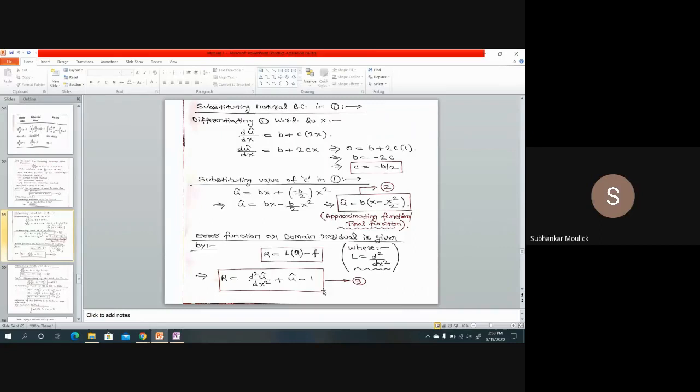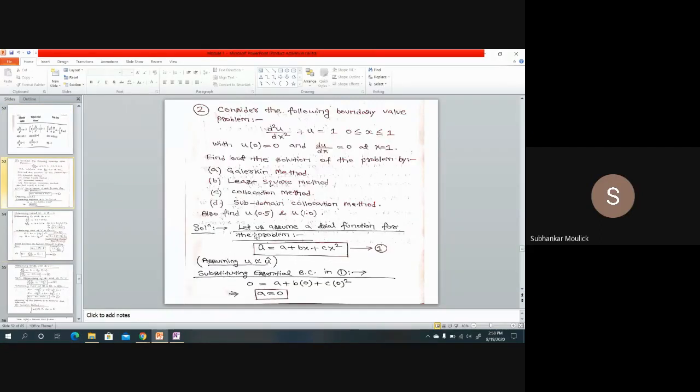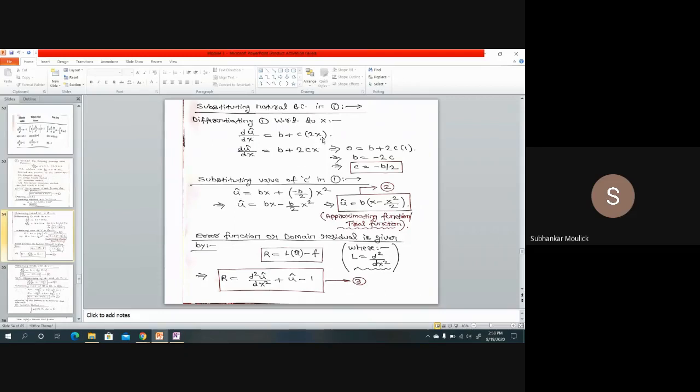Fine. So let us differentiate. This is equation number 1, my assumed trial function. If you differentiate with respect to x, du cap over dx, a will be 0, so b plus 2 times cx.